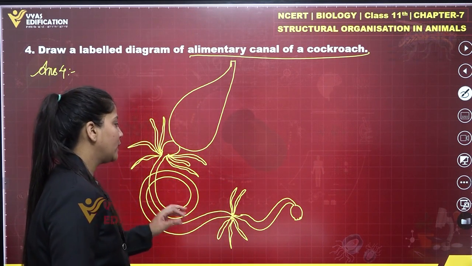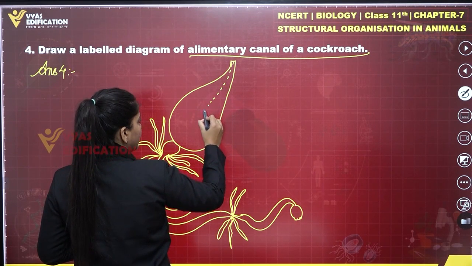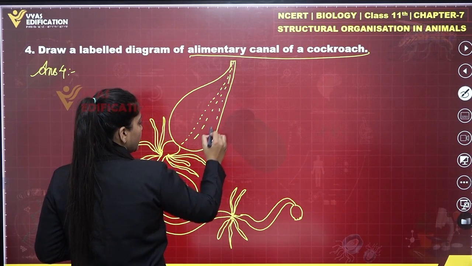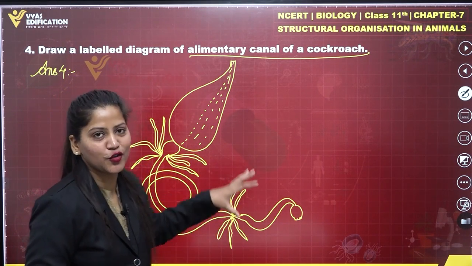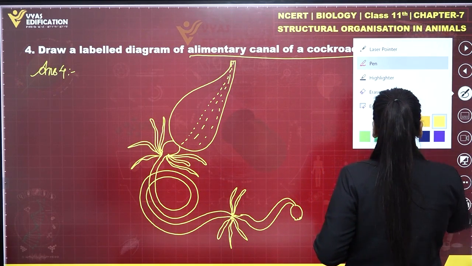So this is your diagram of the alimentary canal of the cockroach. Now we are going to label this. Right? So this is the complete diagrammatic representation of the alimentary canal of the cockroach. And now let's label this.